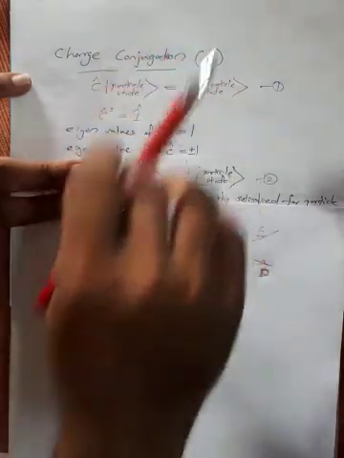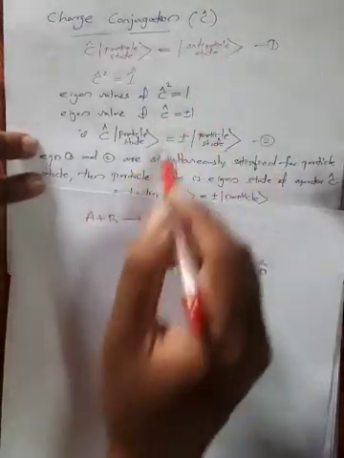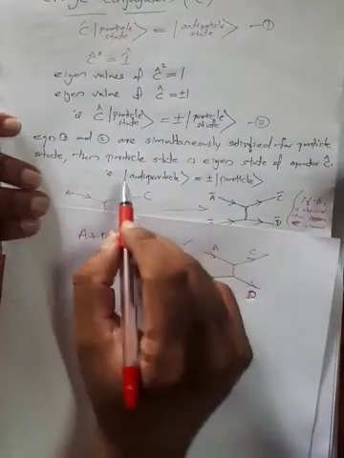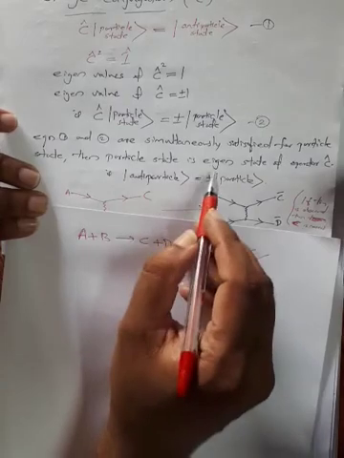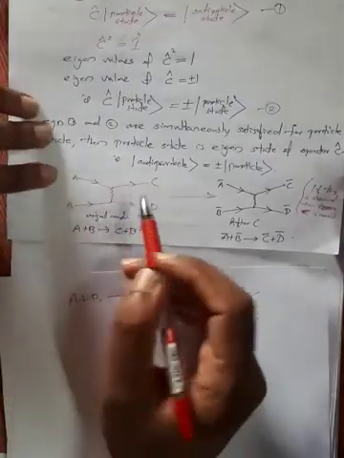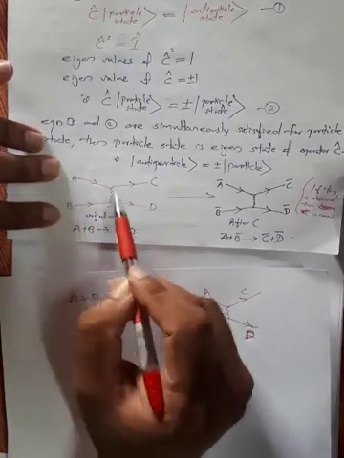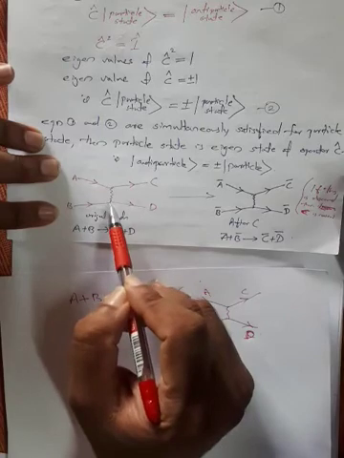Just comparing these two, you can do easily. And from equation 1 and 2, what you are getting is the antiparticle state is equal to plus or minus the particle state.